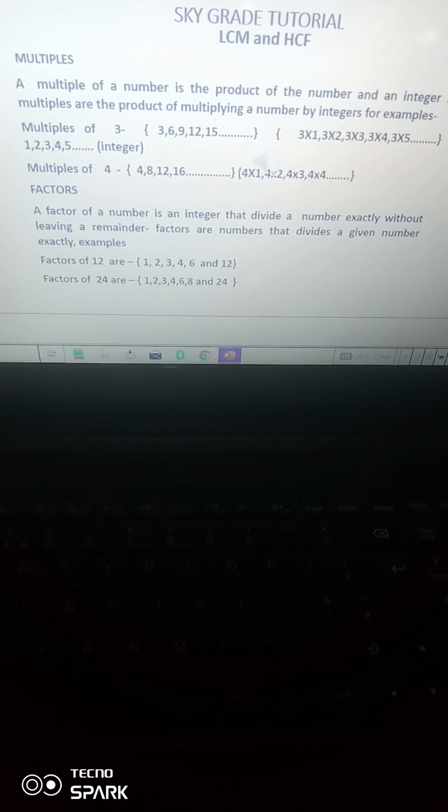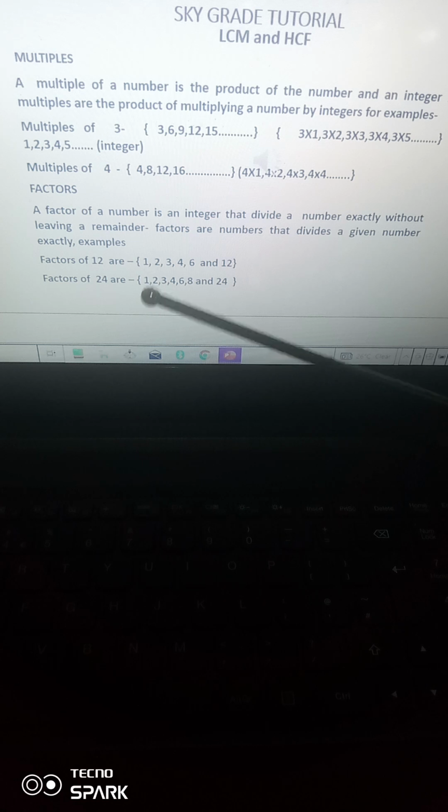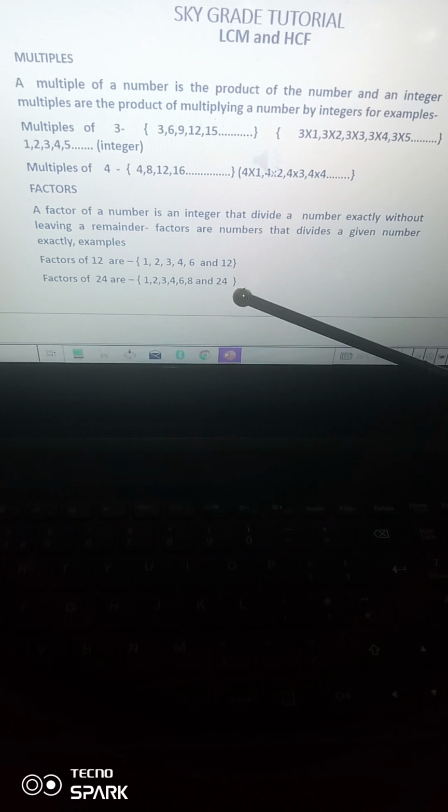Example, factors of 12 are 1, 2, 3, 4, 6, and 12. Factors of 24 are 1, 2, 3, 4, 6, 8, 12, and 24.